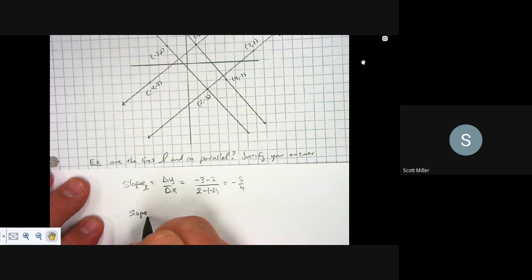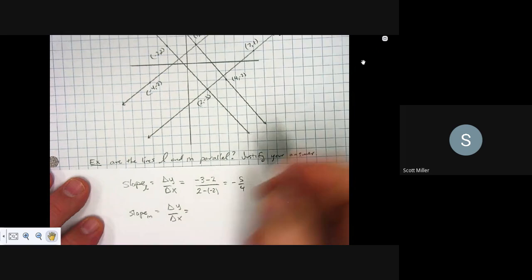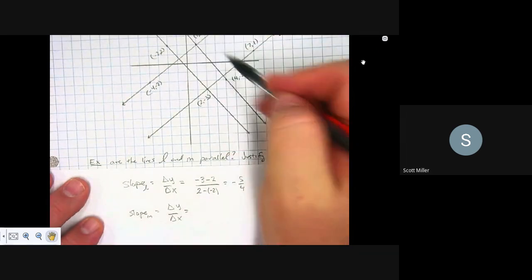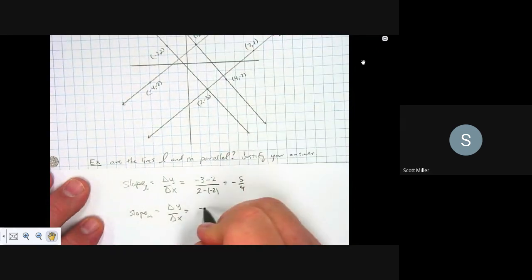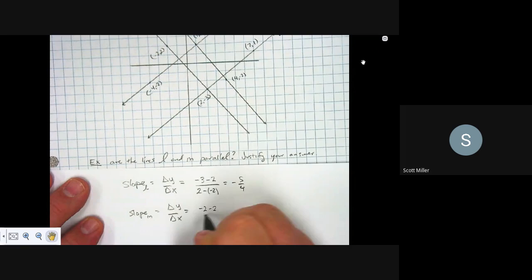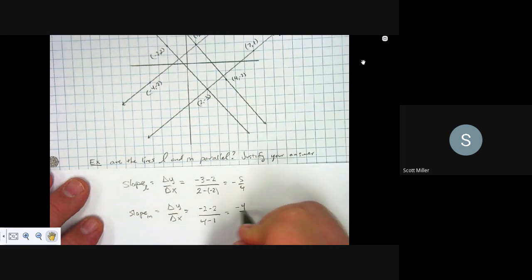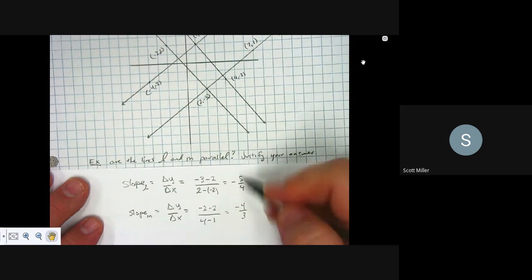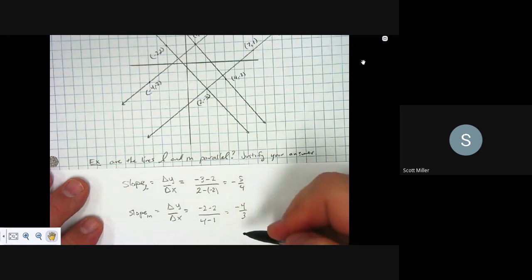What is the slope of line M? Well, change in y over the change in x. M is right here. Here's my 2 points. -2 minus 2, 4 minus 1. This gives me -4/3. And so what do I notice? These are not the same slopes.